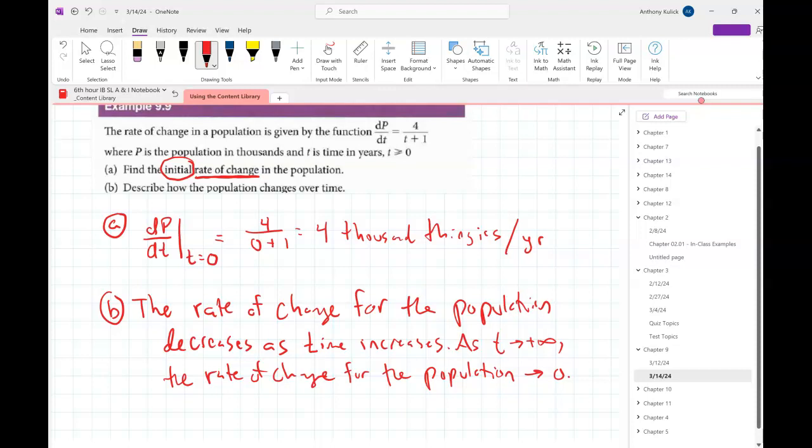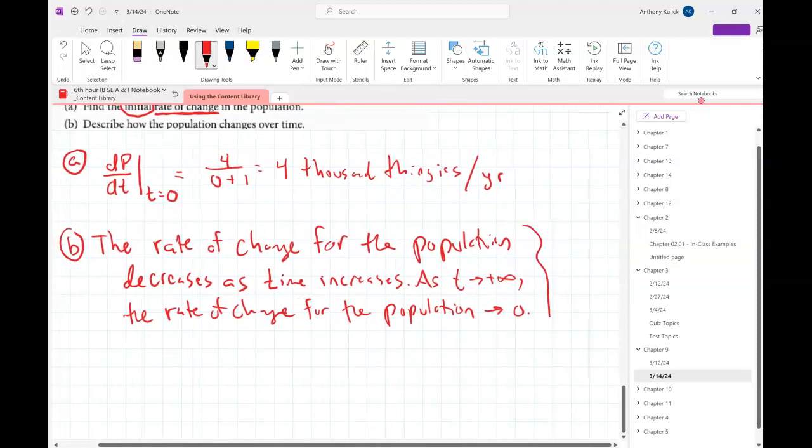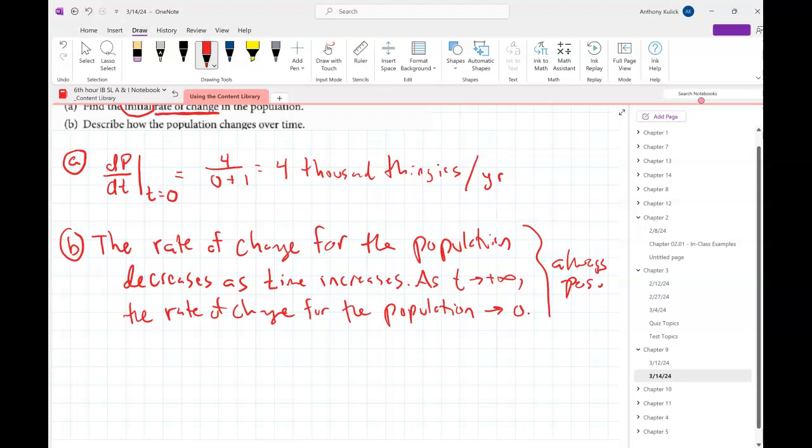I just kind of let you guys go. Okay? So here, the point is that this was always positive, right? The rate of change was always positive. You guys agree? So what does that tell us about the population?